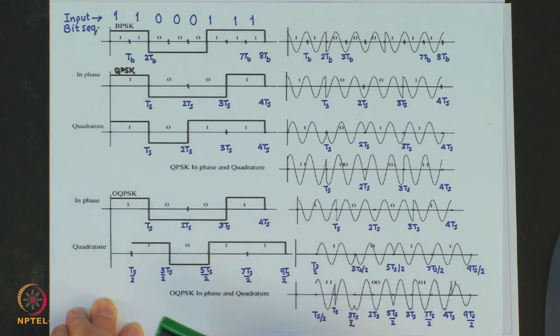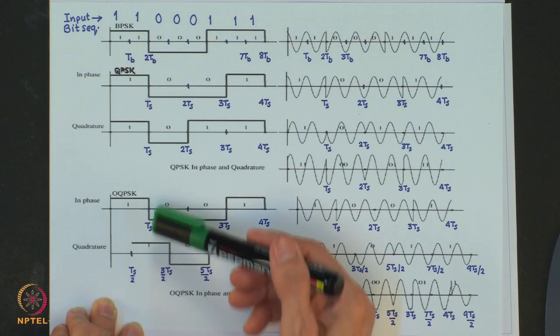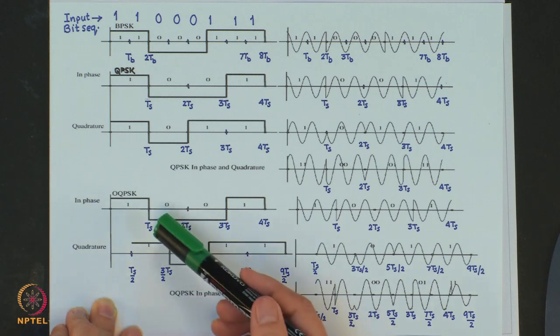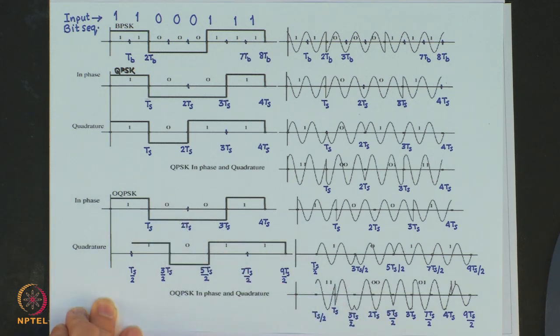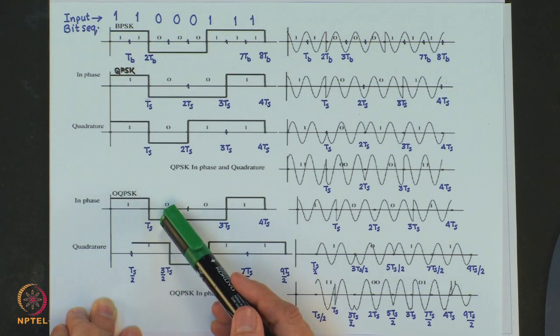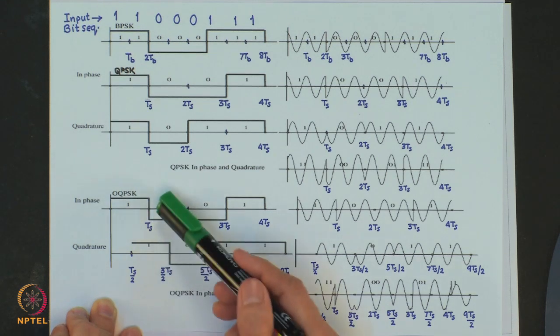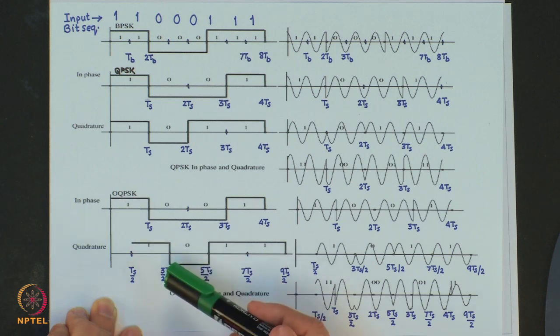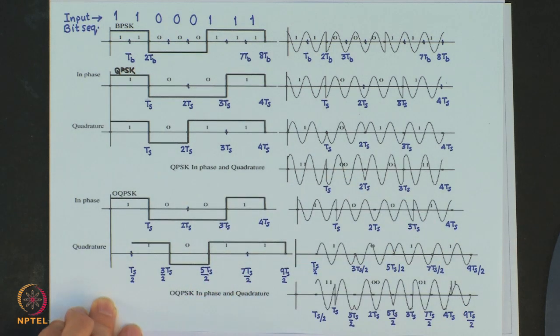So, in this case you can never have a 180 degree phase shift in the modulated signal. The maximum phase change you can have is only 90 degrees, because at a time only one of these waveforms is allowed to change sign, correct? And that is how this 180 degree phase shift is avoided.